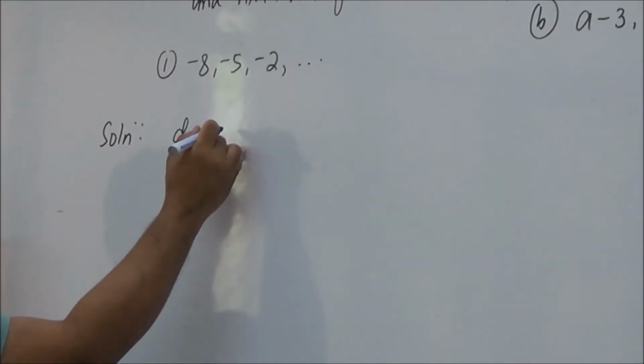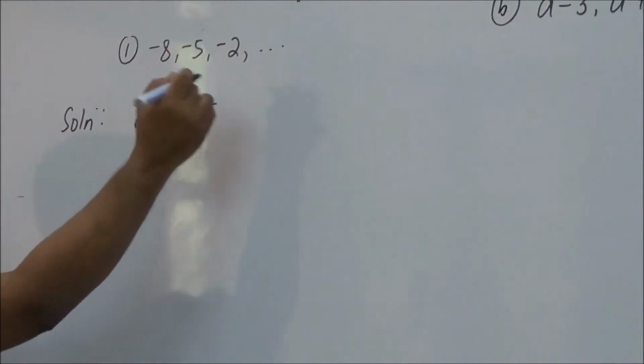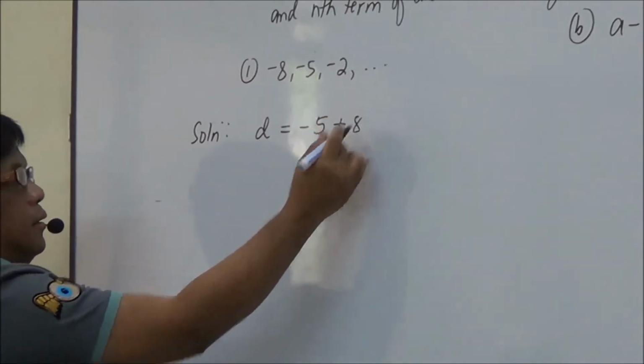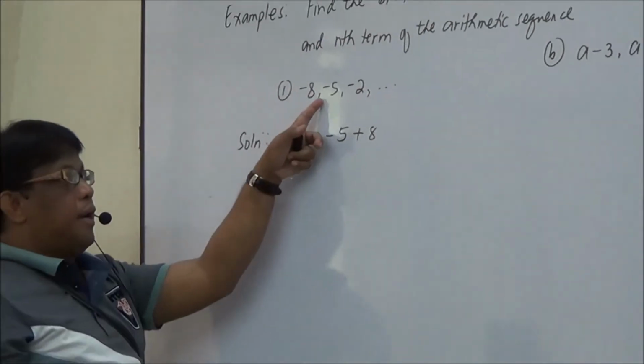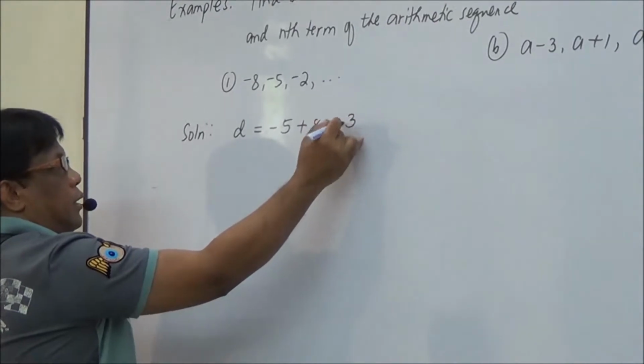We take the second term, negative 5, minus the first term, so that is plus 8, because it's negative 5 minus negative 8. The answer is equal to 3.